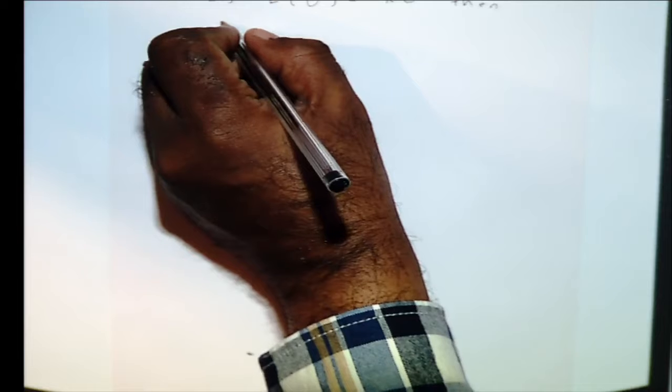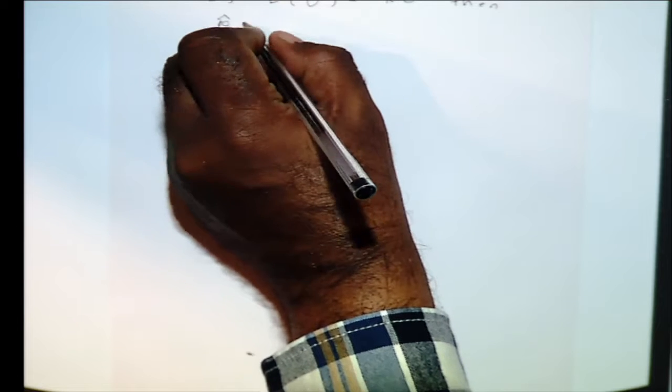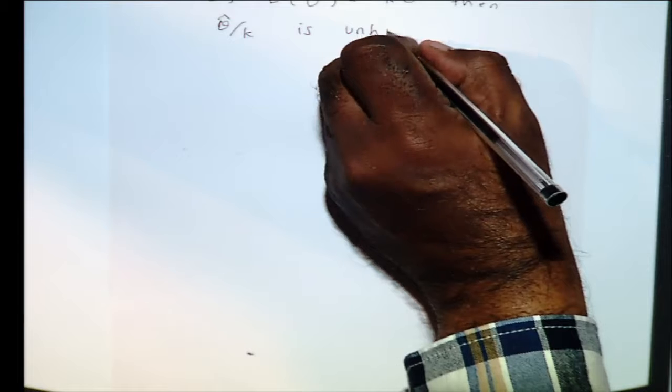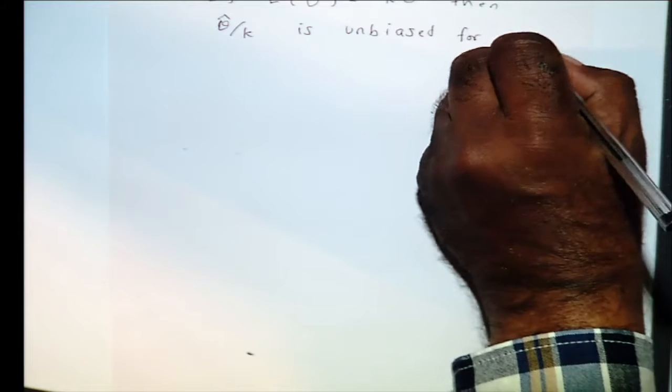Next, that's one property. This is property number 2, which says that if the expectation of theta hat is equal to k times theta, where k is a constant, then theta hat divided by k is an unbiased estimator for theta.